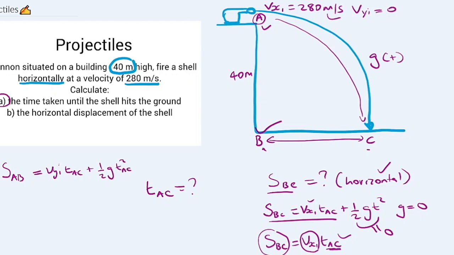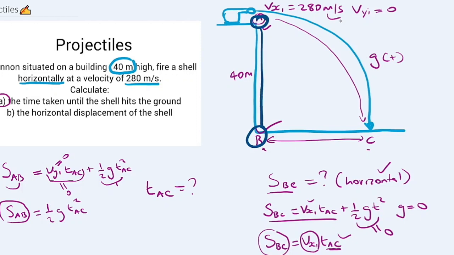Here, because this vertical initial velocity is 0, this whole term is equal to 0. Then we're left with this term. Let us write it down here. It is the distance AB equals half g t squared, that is AC. Here we do have the distance AB. We do have that distance.